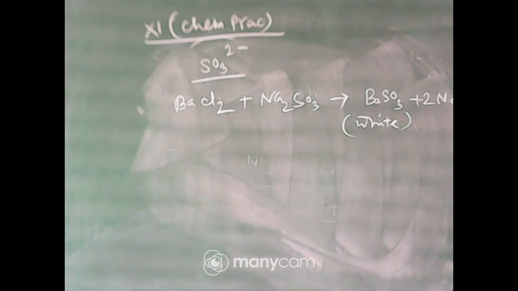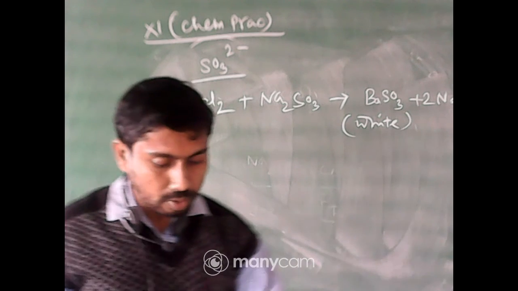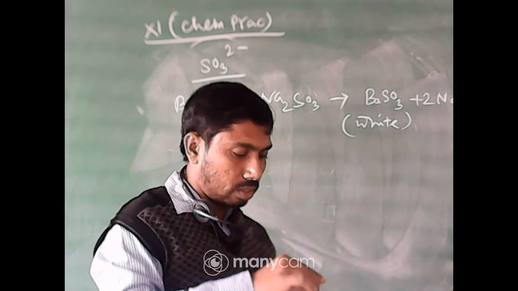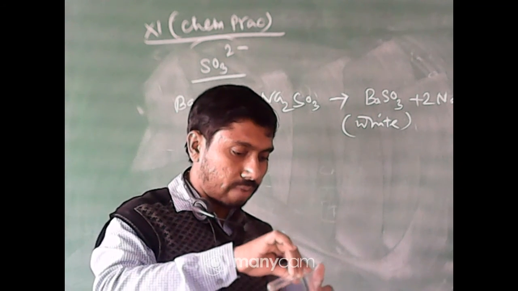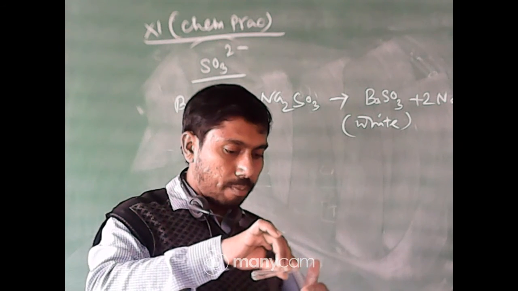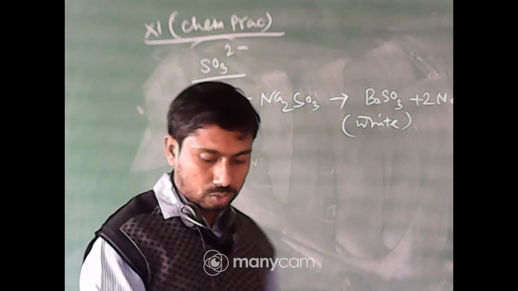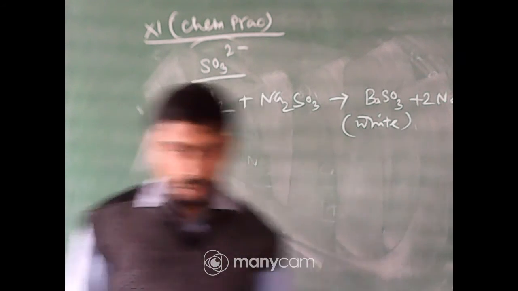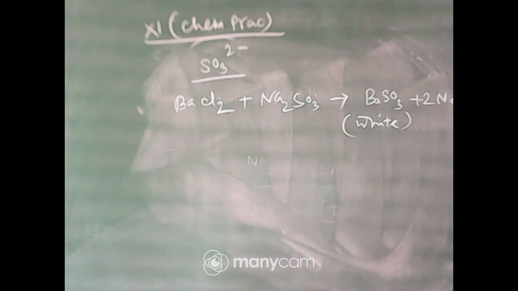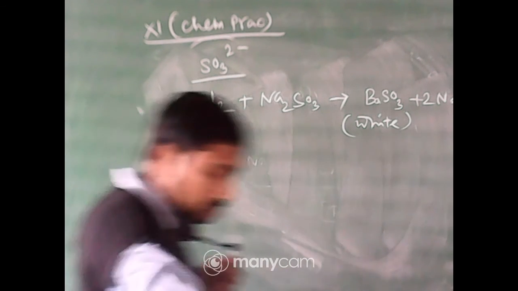Okay, now taking 2 to 3 ml from this original solution, we will test for sulphite, that is addition of barium chloride to that solution. Now I will add barium chloride here. Now look at this.